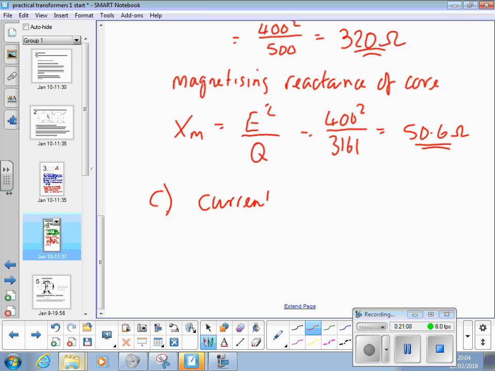The current IR is equal to E over RM. 400 over 320, 1.25 amps.